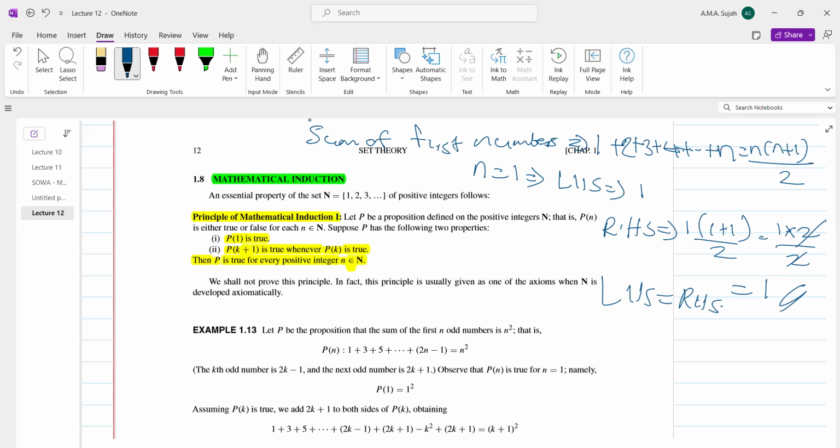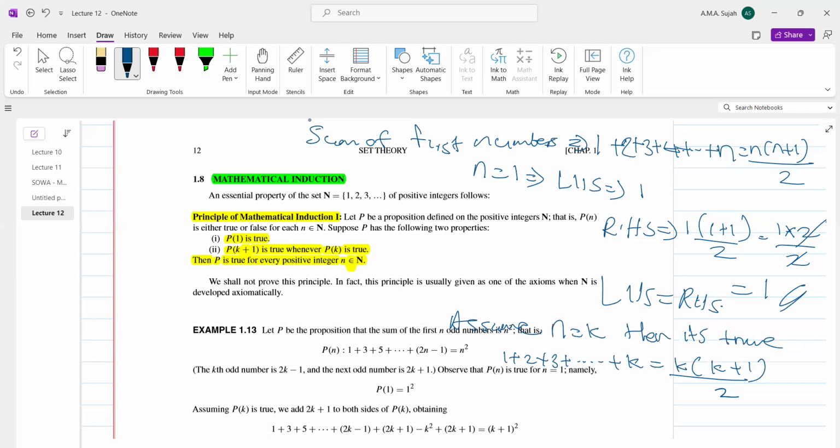Then we take n equal to k. Let's assume, as we already learned in mathematical induction, that if n is equal to k, then it's true. That means 1 plus 2 plus 3 plus up to k is equal to k into k plus 1 by 2.